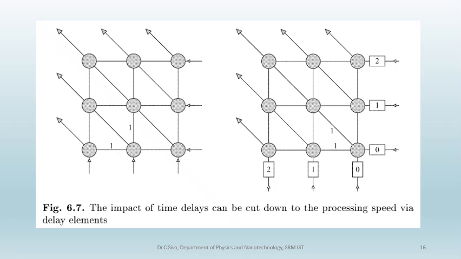If we see the 3x3 systolic array, given in figure 6.7, this 3x3 systolic array processes data in a wave-like fashion. Output emerges after 2 cycle delays because each processing element receives and forwards data in a staggered manner.